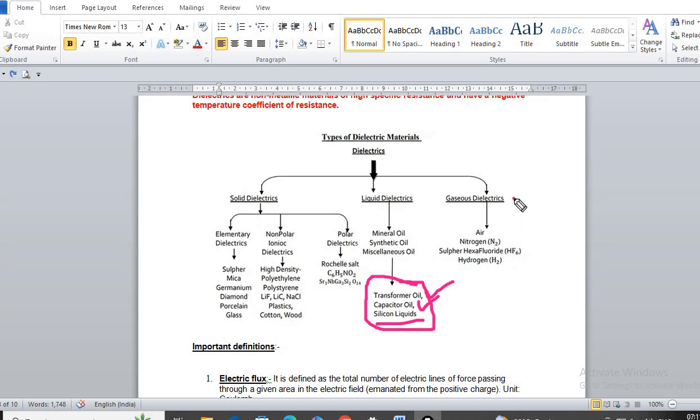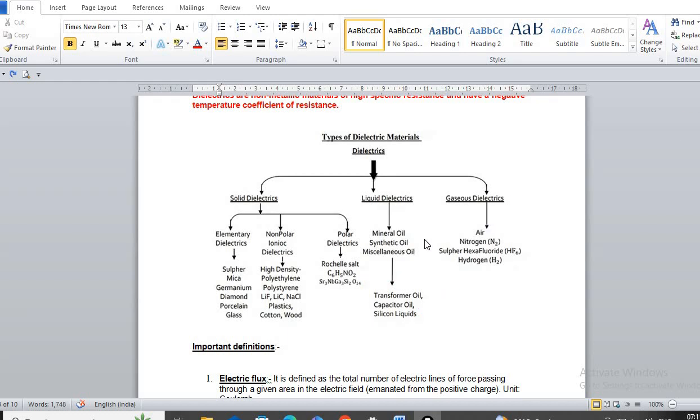And the gaseous one: the easiest way to use any material as a dielectric material is air. Take some air and put it within two conducting plates. This will act as a dielectric material. There are also hydrogen, nitrogen, SF6, which will act as dielectric materials.